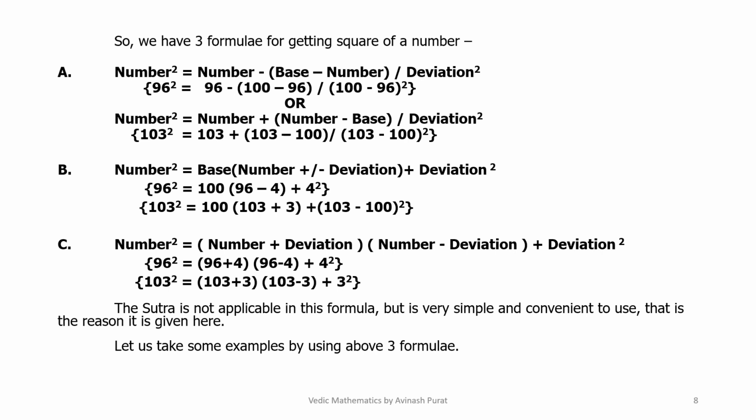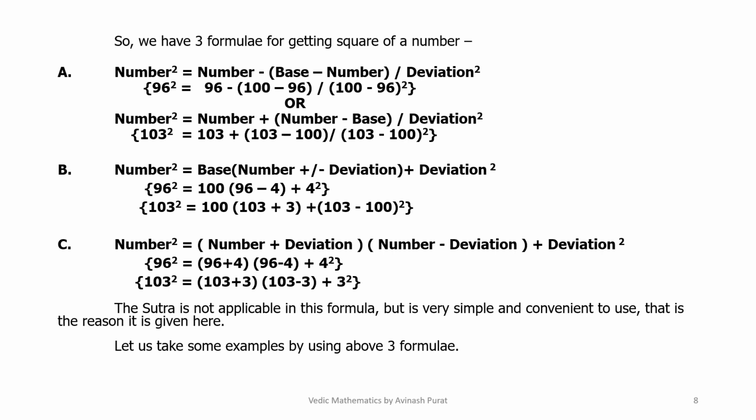C, third formula: number squared equals (number plus deviation) multiplied by (number minus deviation) plus deviation squared. So examples, 96 squared equals (96 plus 4) multiplied by (96 minus 4) plus 4 squared.